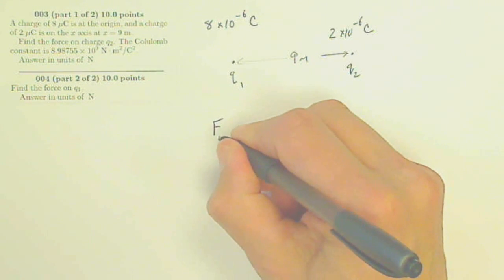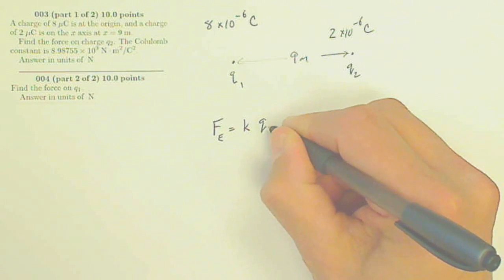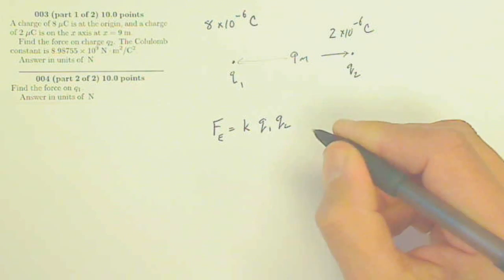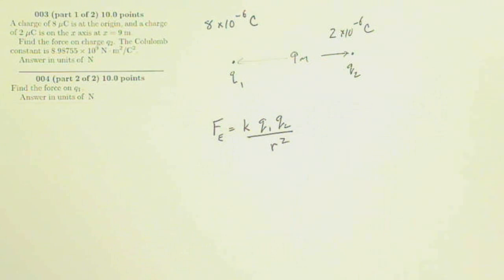Well, I know that my electric force is going to be Coulomb's constant times the amount of the first charge times the amount of the second charge, all divided by the distance between them squared.